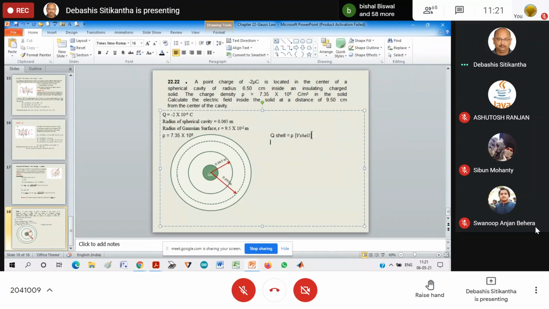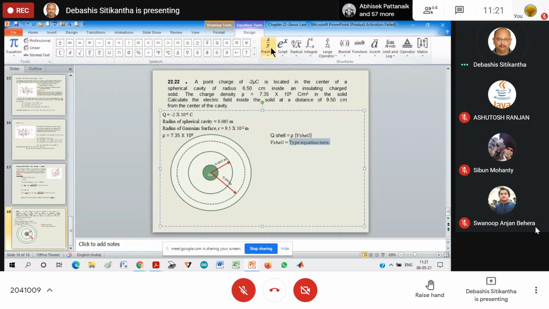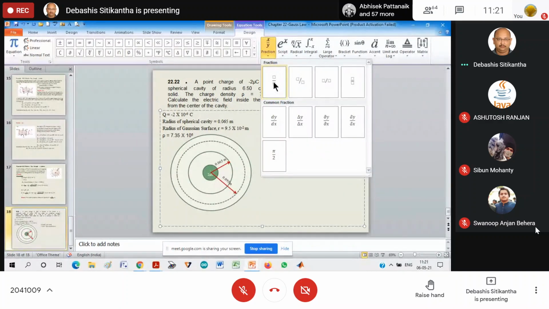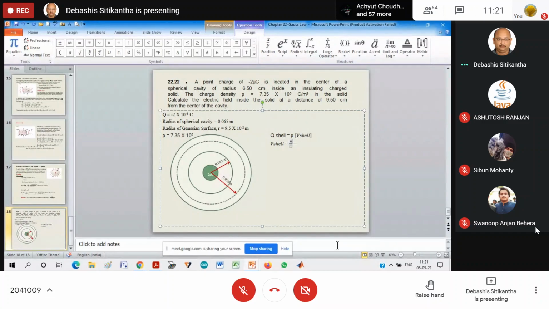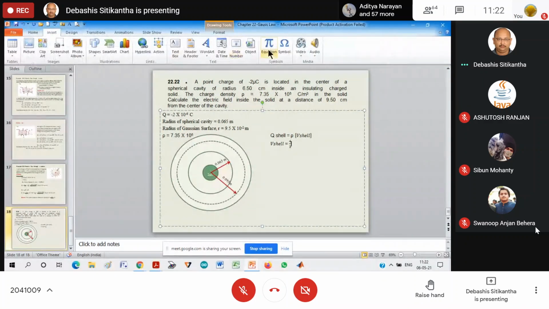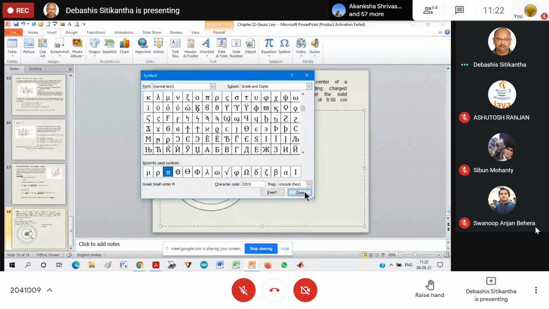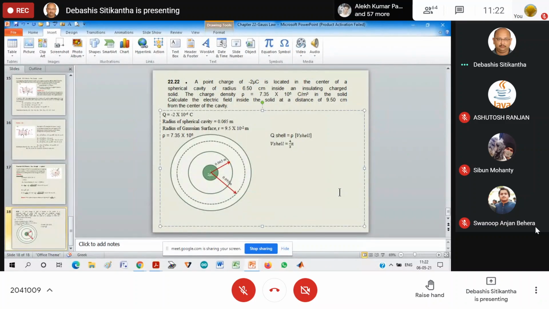How much is V shell? Four by three. So 2.4.